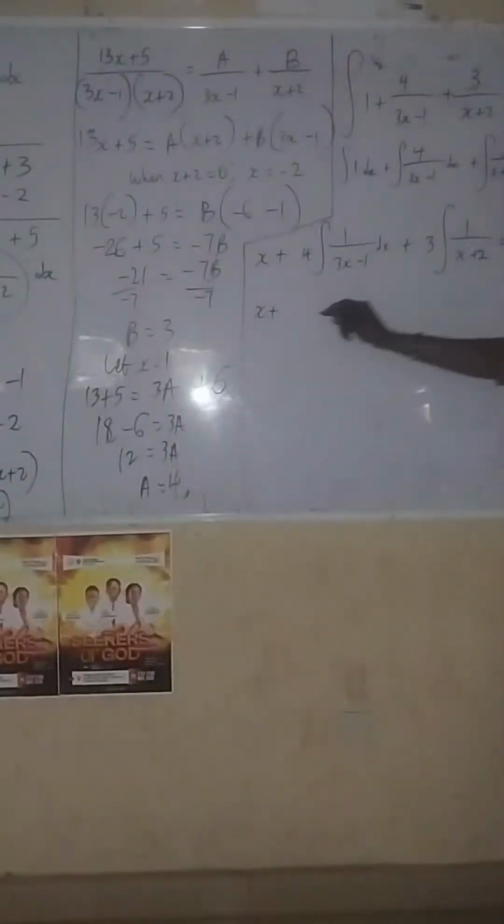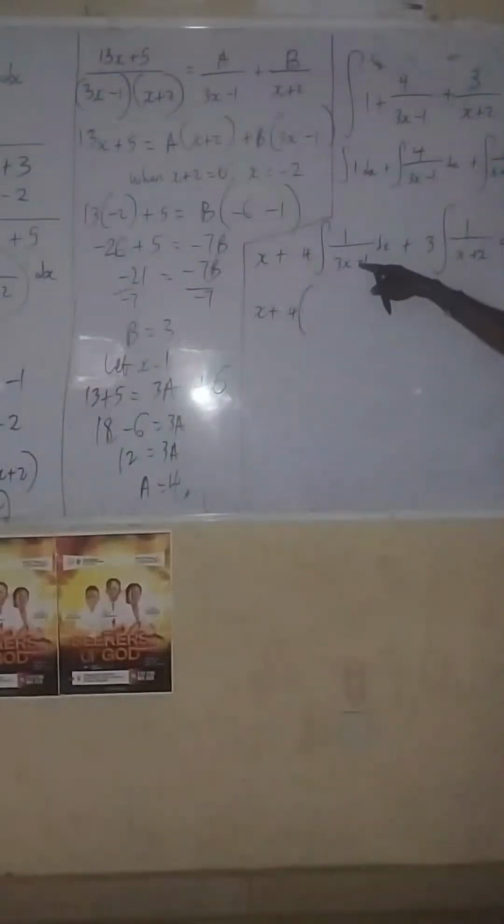Now, if you integrate 1 over 3x minus 1, what's the answer? ln of 3x minus 1 over 3. You've forgotten?